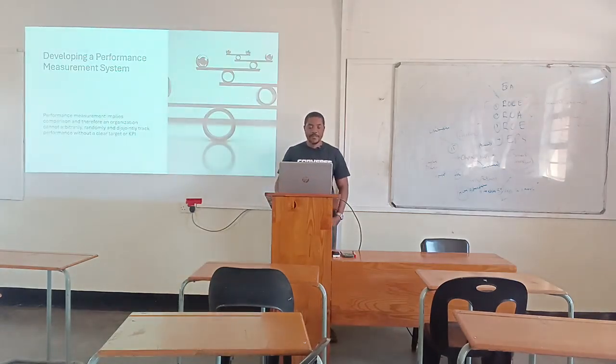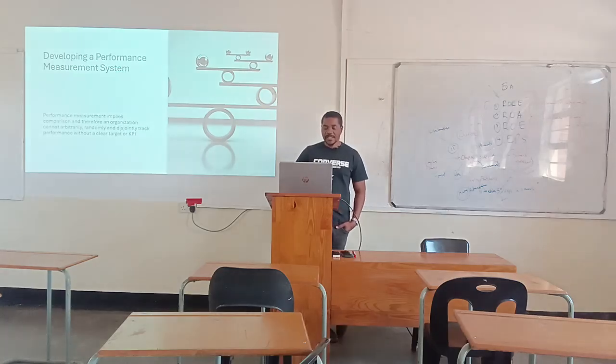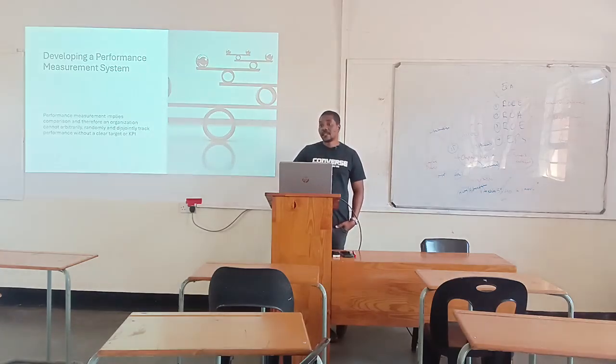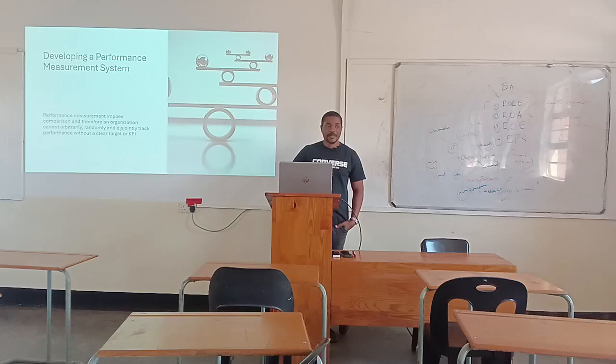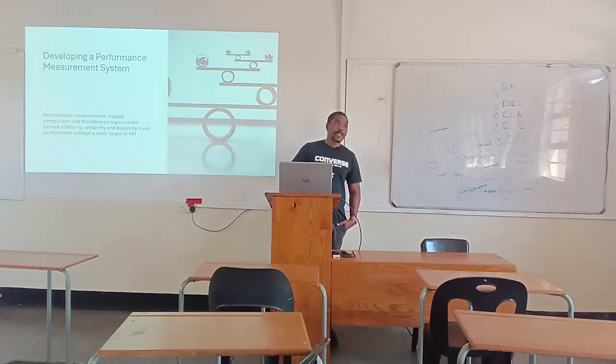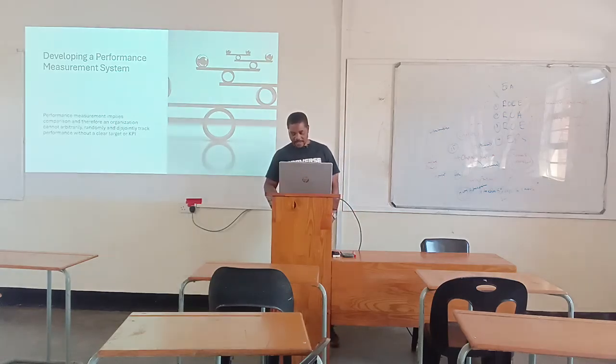Let's develop a performance measurement system. So the first thing to use when you are developing a performance measurement system is to set KPIs. Yeah? Make sure that you have got KPIs, key performance indicators or targets.